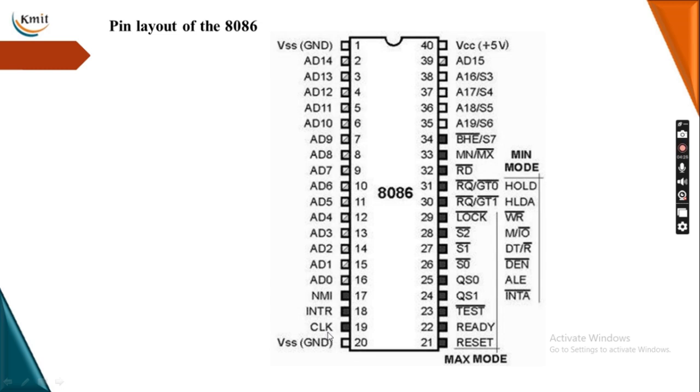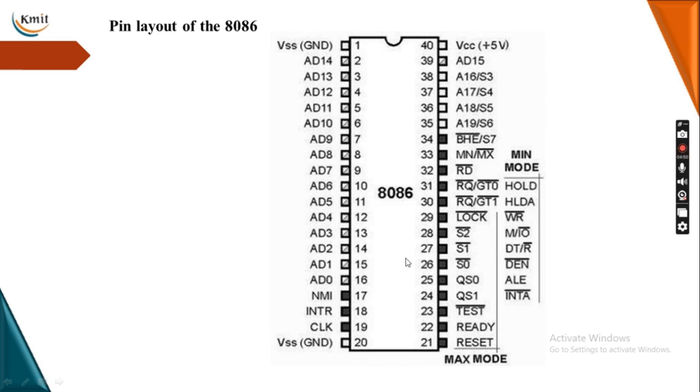Without this, it can't do a single task. So the clock must be given with the help of a clock generator of a certain megahertz of frequency. Next we have one more ground pin, which is the 20th pin. Pin 1 and pin 20 are acting as your ground pins.